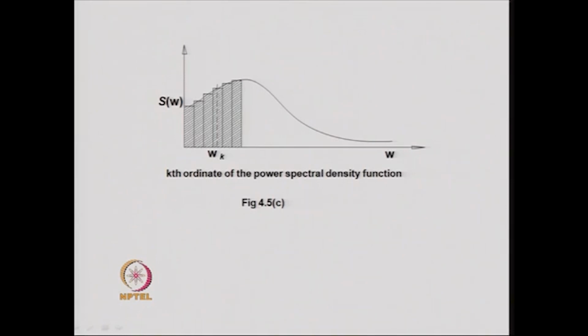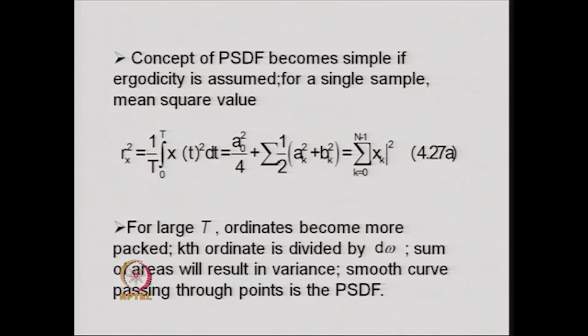Through the center of these bars, if you draw a line, that gives you the value of S(omega), denoting that the area under the curve is equal to the mean square value of the process. In this fashion you can obtain the power spectral density function, provided we assume the process to be an ergodic process.